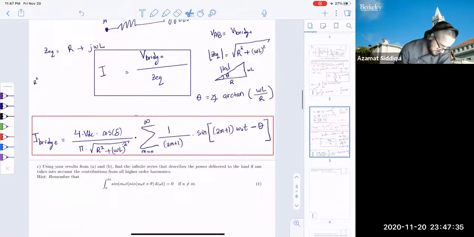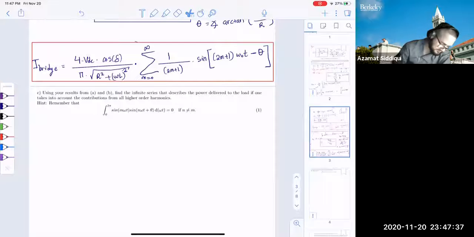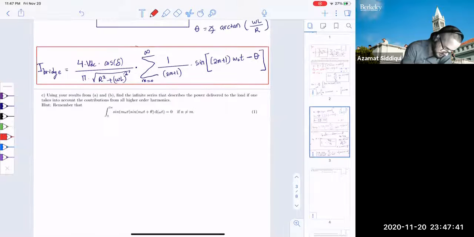Okay, moving on. Let's go to part C. What is being asked of us is to use the results we found from parts A and B to find an infinite series to describe power delivered to the load if one takes into account contributions from all higher-order harmonics.